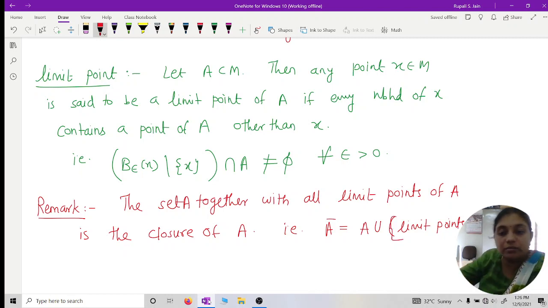A closure is nothing but A union whatever limit points of A.